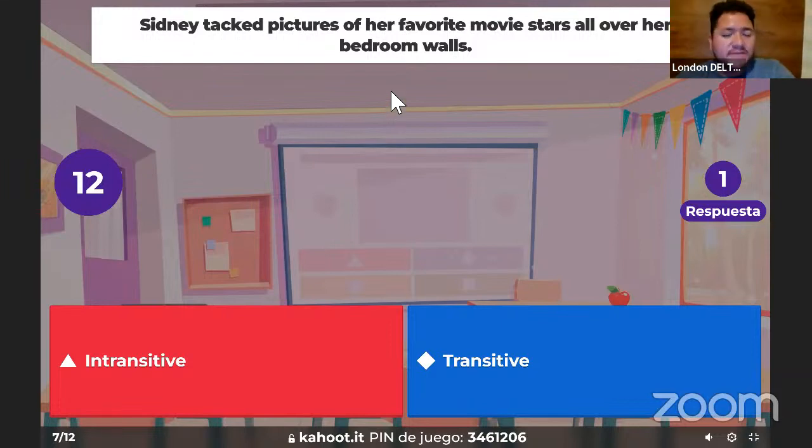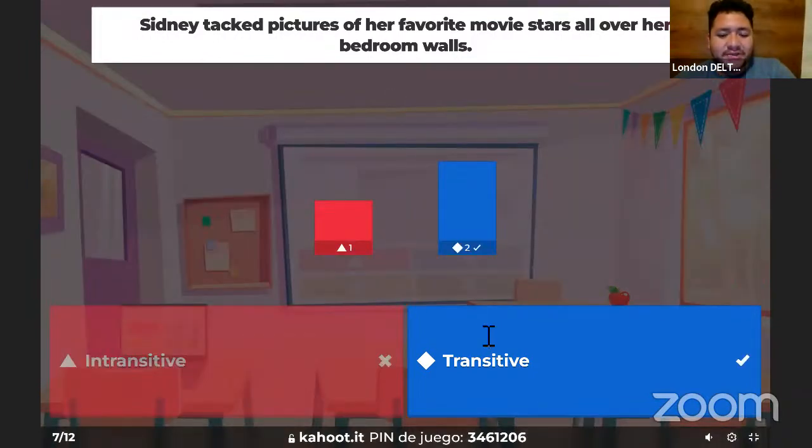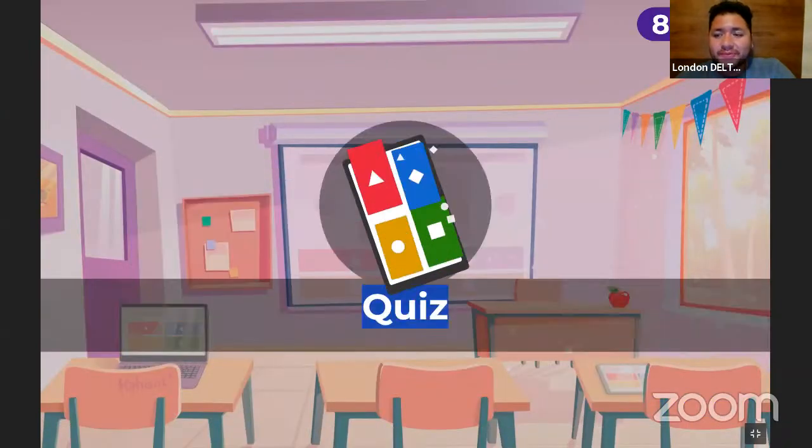So is transitive or intransitive? Good. Is transitive, es transitivo. Because tagged, estoy mencionando que. No puedo decir sí ni pegó porque pegó qué. Right? You need to tell me what you tagged. So this is transitive very well.